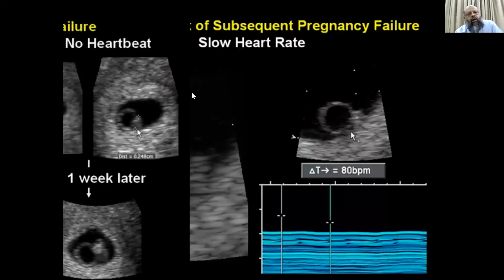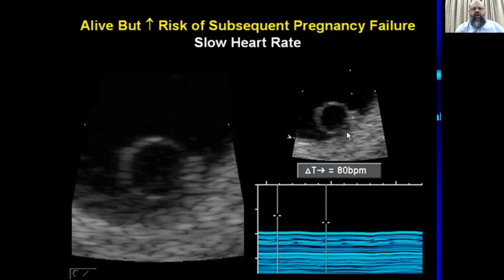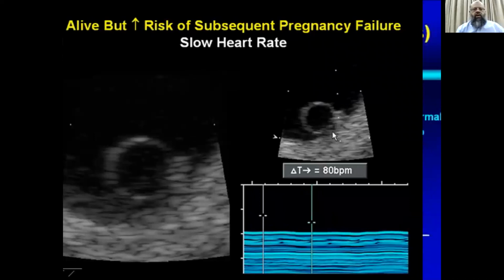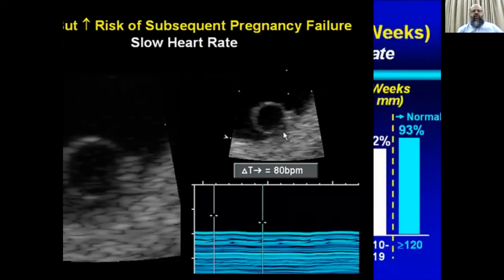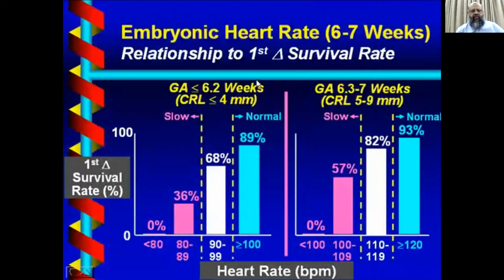Alive but increased risk of subsequent pregnancy failure: slow heart rate. In this case, it was 80 beats per minute. So embryonic heart rate at 6 to 7 weeks has a relationship to survival rate.